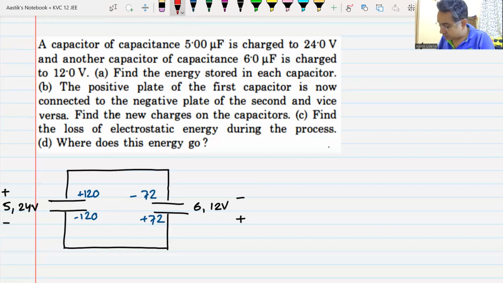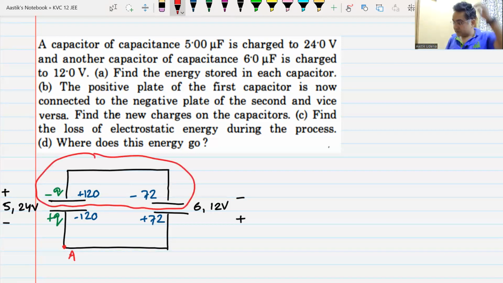So far, so good. I take my point A. So I call this plate plus Q and this plate minus Q. Now I have to find out the charge on this plate. So I just take my isolated system. Before connection, what was the charge on this isolated system? Plus 120 minus 72. How much is that? 48? Yes or no?